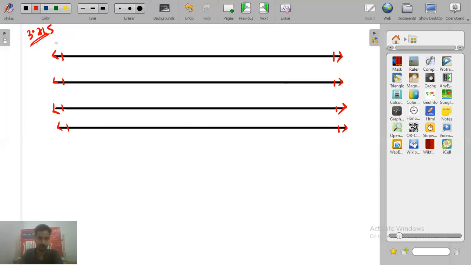Yes or no? So first you have to divide 3 and 4 into what? Or you can do one thing. First you can just write down like this. You can write down a number line also. Suppose this is your 0.